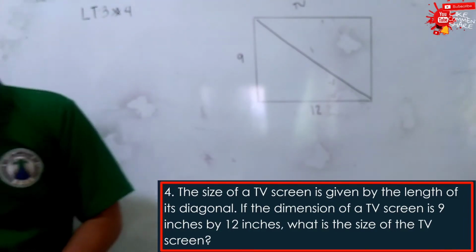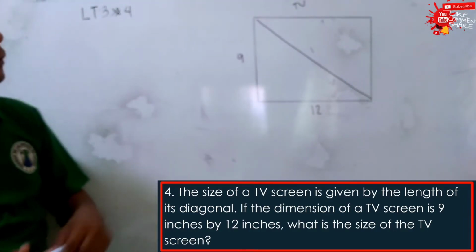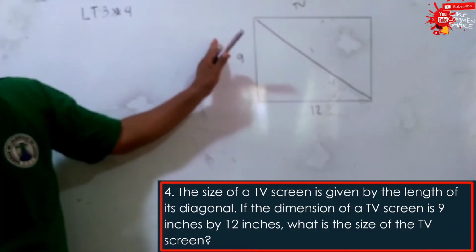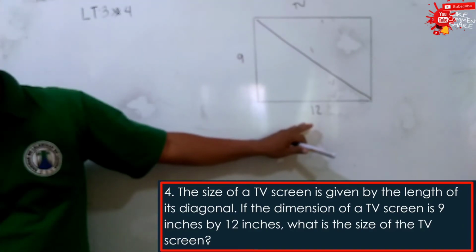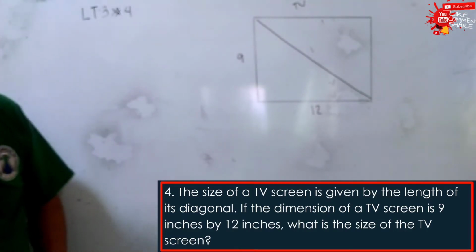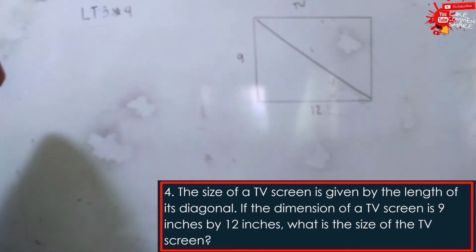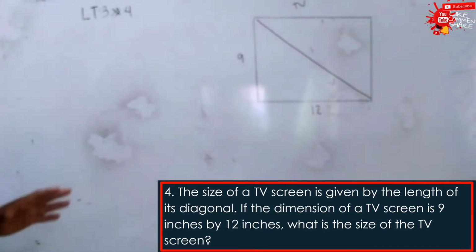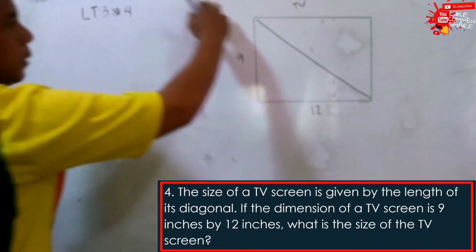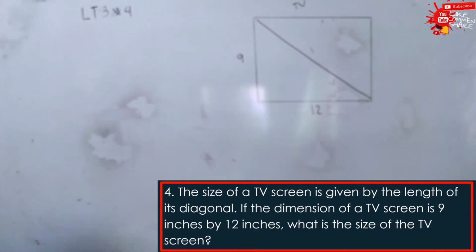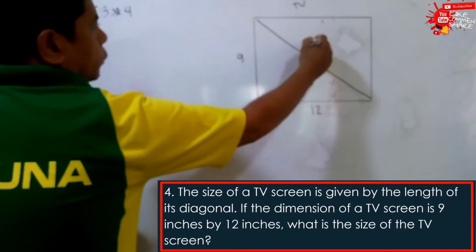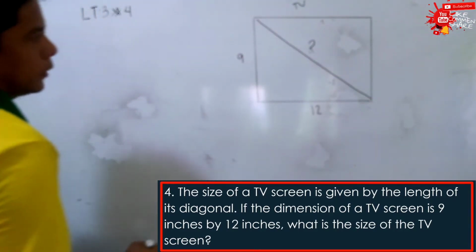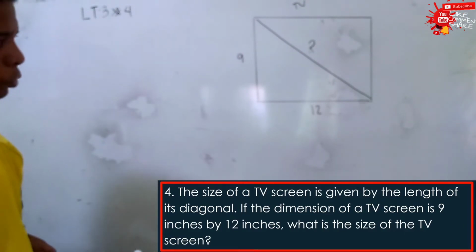Okay. If the dimension of the TV screen is 9 inches by 12 inches, what is the size of the TV screen? So, kapag sinabi natin TV, yung inches niya, kinukuha siya by means of the diagonal. So, in this case, kukunin natin to. At yung part ng diagonal, that is the hypotenuse.